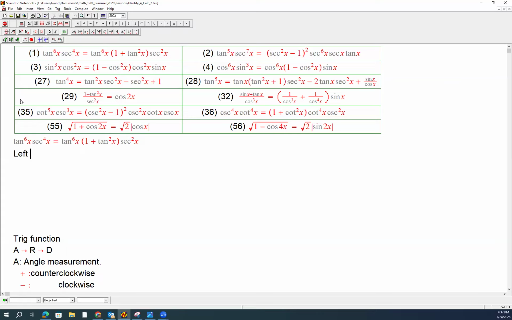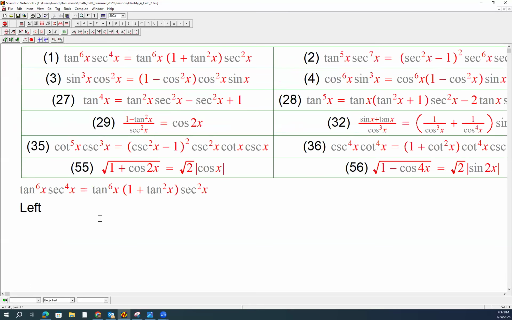Let me make the font a bit larger. The left-hand side is tangent to the power of 6 multiplied by secant to the power of 4.